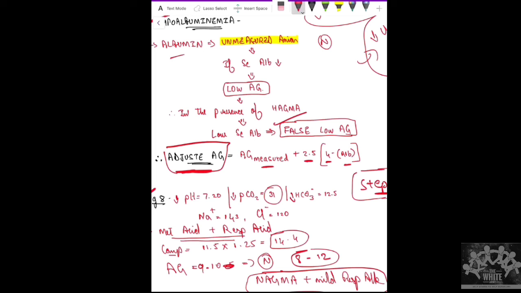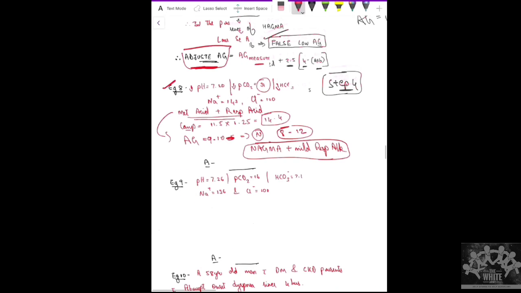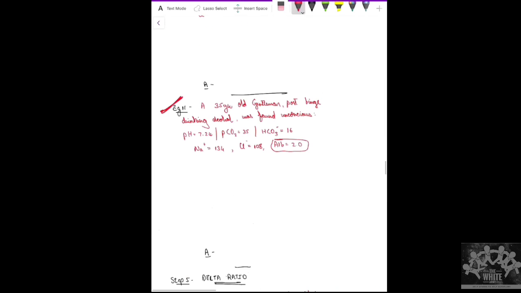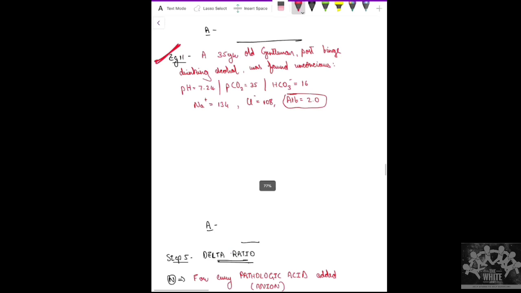Okay, Satya says uncompensated metabolic acidosis. That means there is some other secondary process for it to be uncompensated. What is it? Okay, fine. Let's solve.